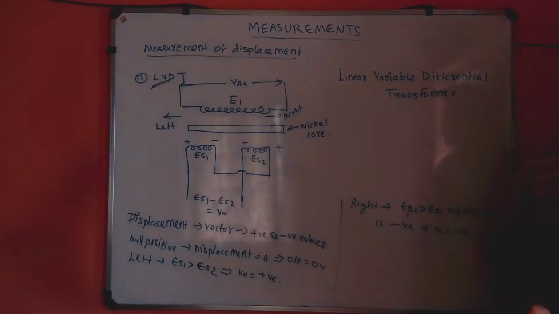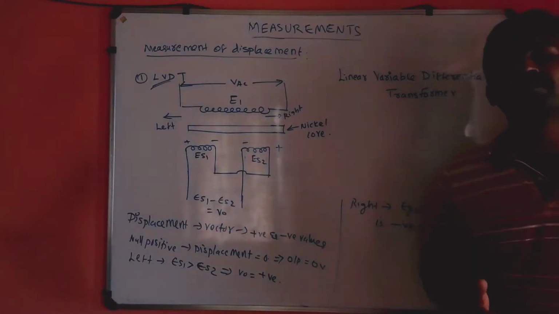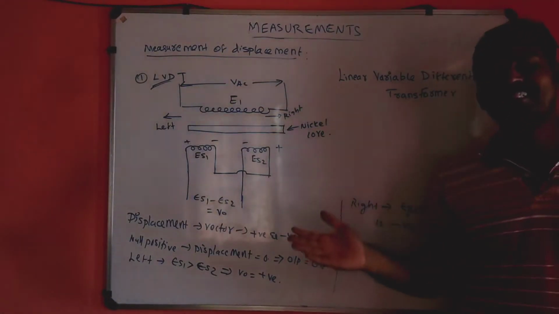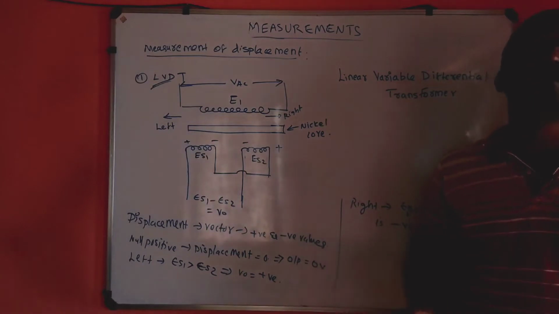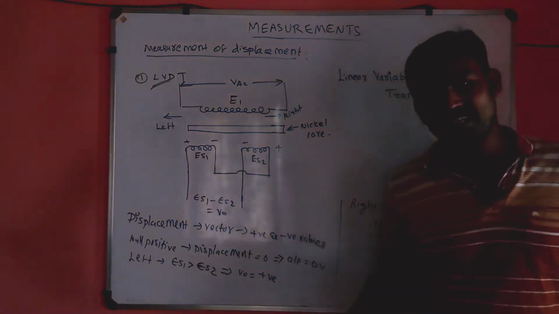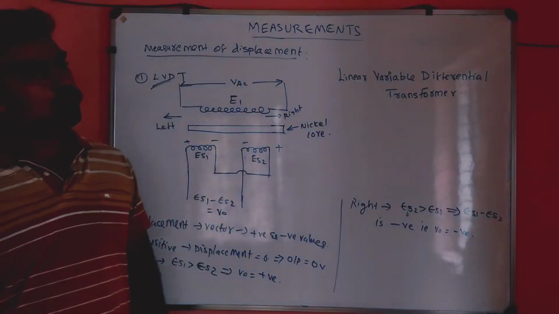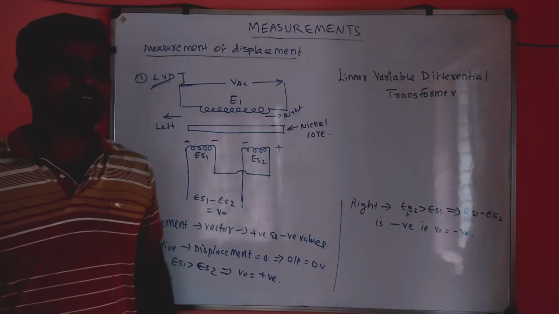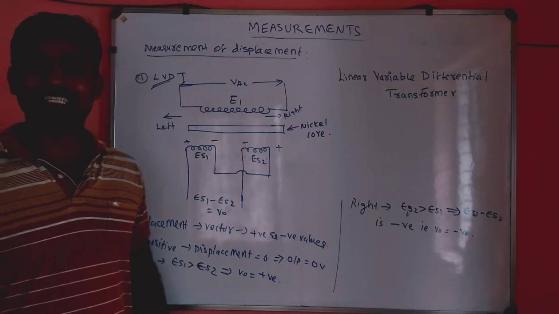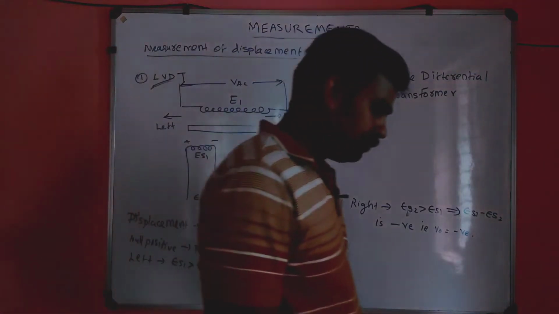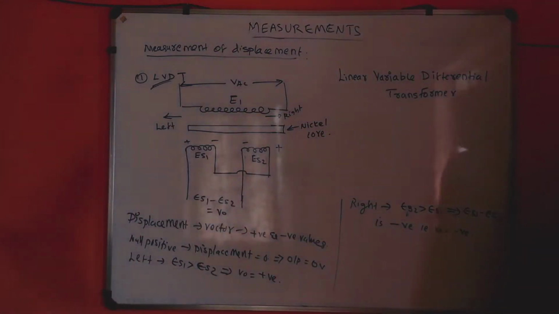In the case of distance, we can't say the direction. Simply we can say 10 kilometer. So 10 kilometer is a distance, 10 kilometer north is a displacement. That is the difference, my dear.